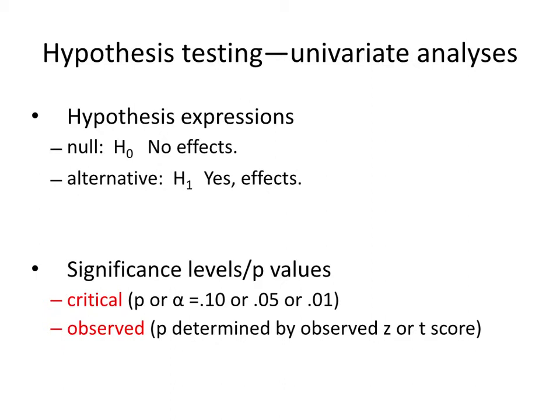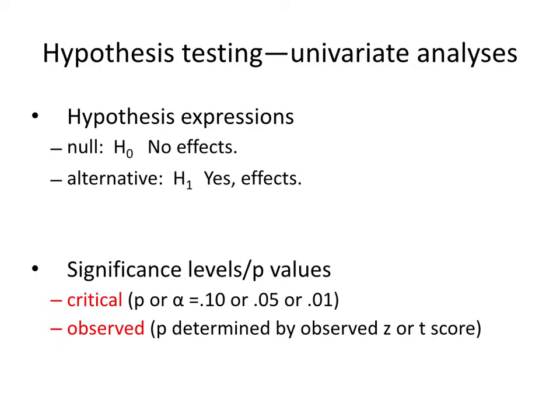A second consideration in hypothesis testing is the significance level. We've referred to this before using the term certainty. Significance level is the formal term. It's often expressed as a p-value or an alpha level.